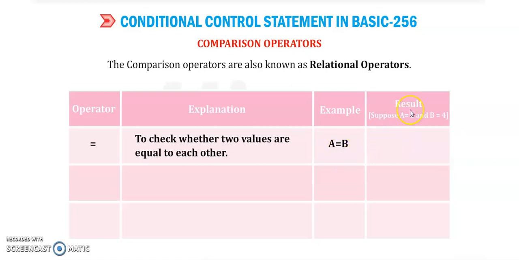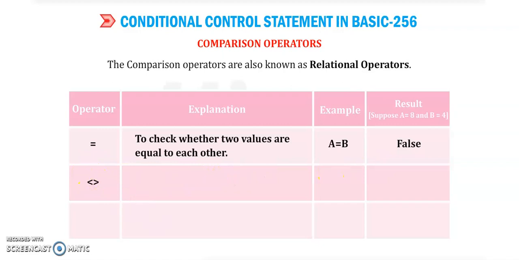Suppose the value of A is 8 and the value of B is 4. What will be the result? It will be false, because A and B are not equal. So 8 equals 4, the answer will be false.